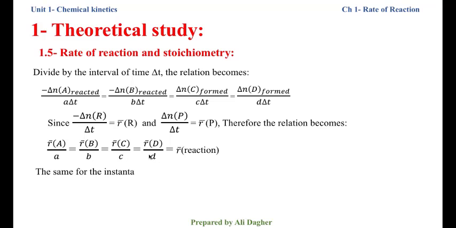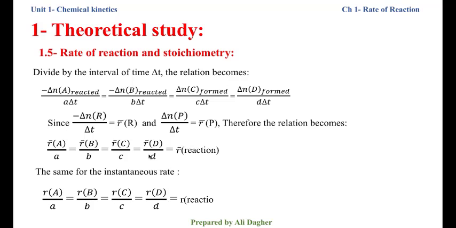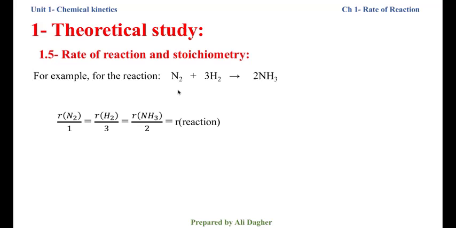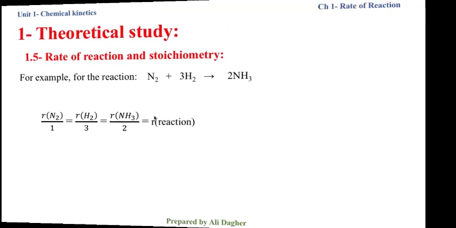The same applies for the instantaneous rate: rate of A over a equals rate of B over b equals rate of C over c equals rate of D over d equals rate of reaction. For example, for the reaction N2 + 3H2 gives 2NH3, the rate of N2 over 1 equals rate of H2 over 3 equals rate of NH3 over 2 equals the rate of the reaction.